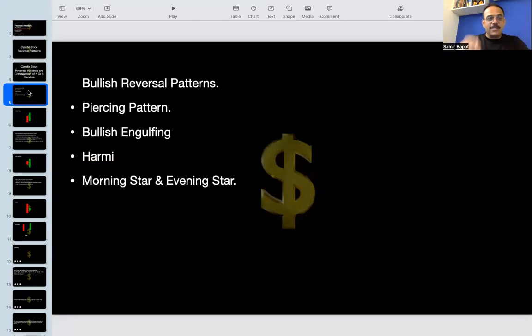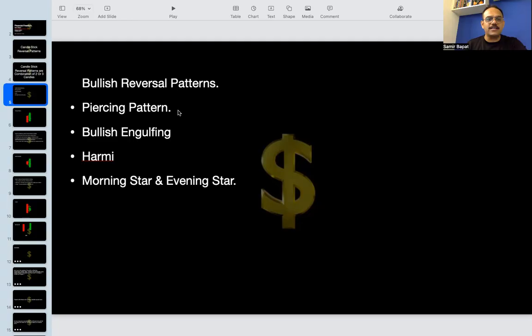Today I'll take only bullish reversal patterns, because I don't want to confuse you with bearish reversal patterns. Bearish reversal patterns we'll take on Monday. Bullish reversal pattern is when the price is going down, the pattern forms, and from there the price goes up, reversing the downtrend.